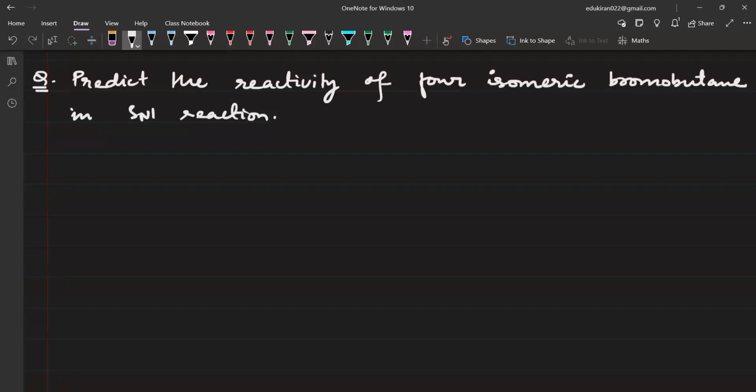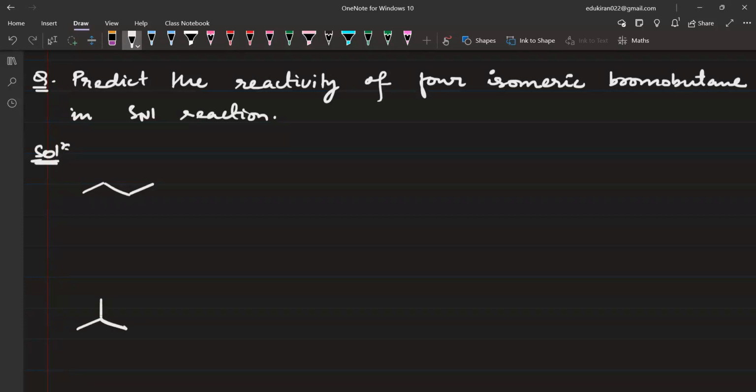Now, please see. When I talk about bromobutane, there are two structures of bromobutane that are possible. पहले butane को देख लेते हैं. Butane is made up of 4 carbon atoms, and there are two possible structures. एक तो butane ऐसे हो सकता है, 4 carbon atoms in this order.